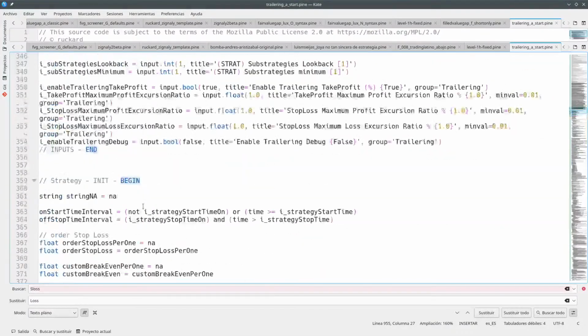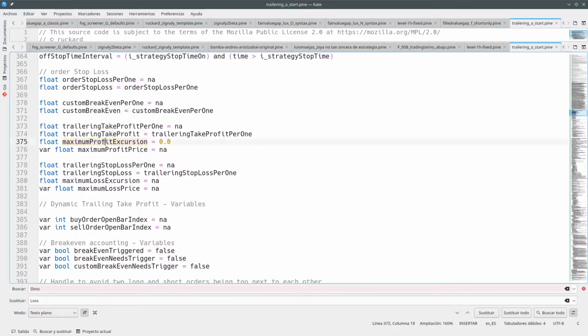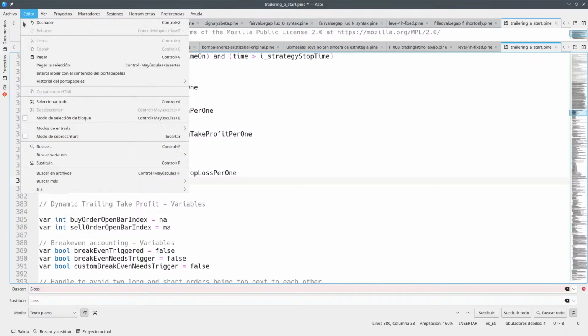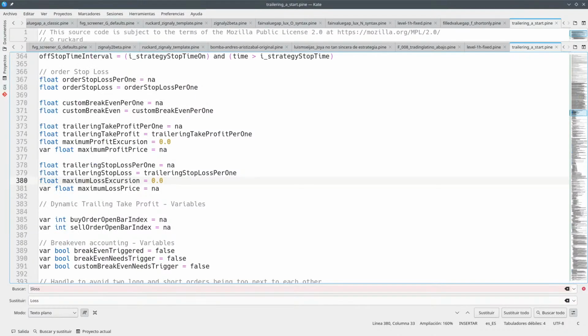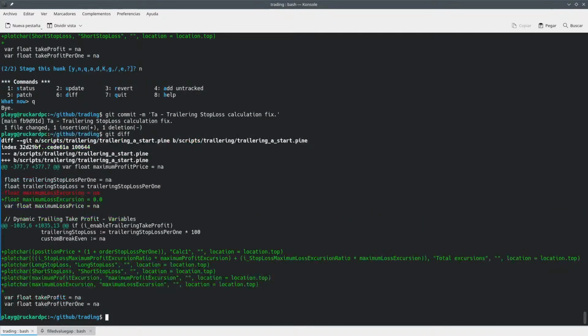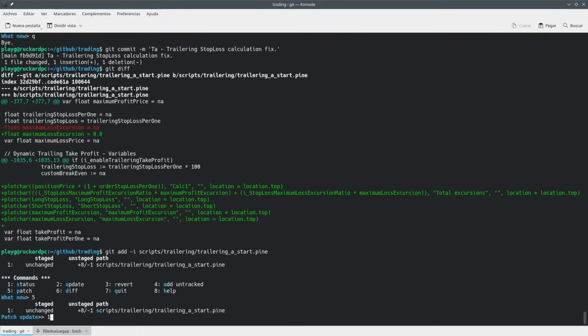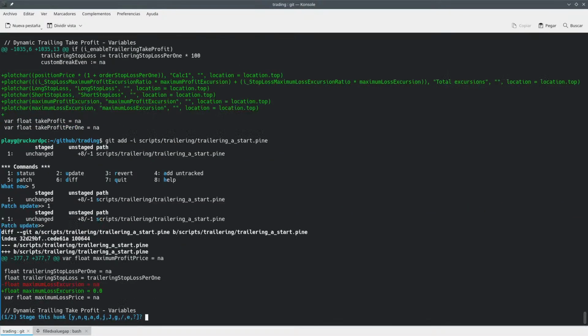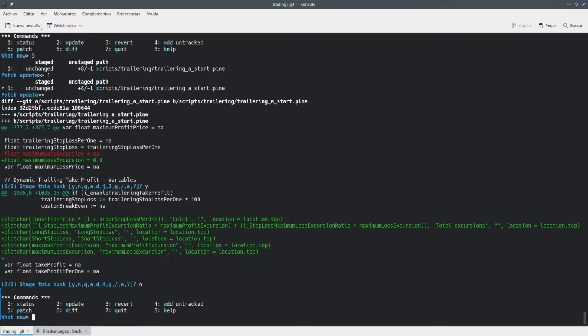So let me see. Maximum profit excursion. Maximum loss excursion should also be 0.0. Okay, so now we should have this, which is this one, not this one.